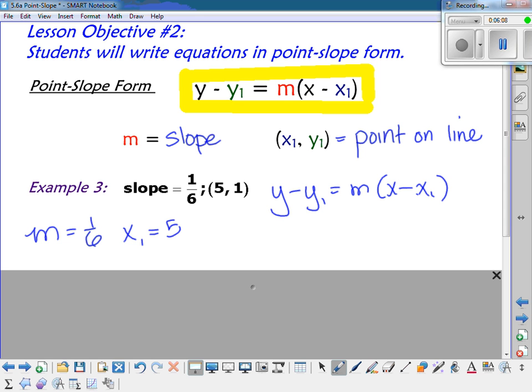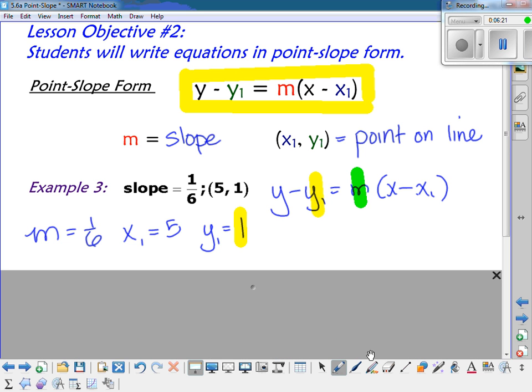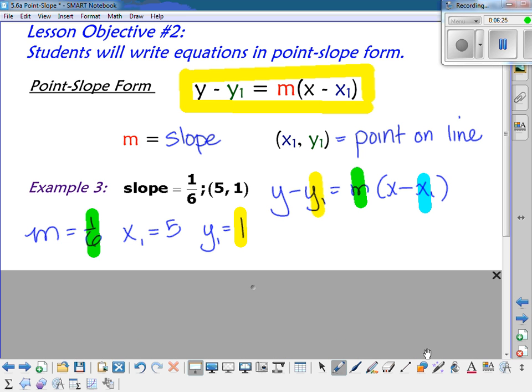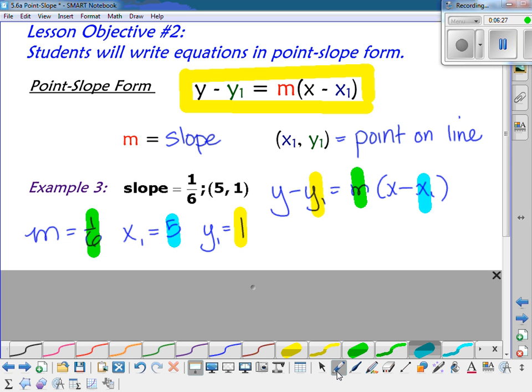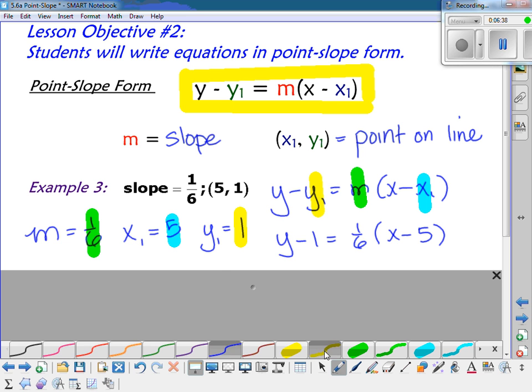And then my y coordinate is 1, and so y sub 1 is 1. So wherever y sub 1 is, I'm going to put a 1. And where the m is, I'm going to put 1/6. And where the x sub 1 is, I'm going to put a 5. So you just plug it directly into the equation. So y minus 1 equals 1/6 times x minus 5. And that's your equation in point slope form.